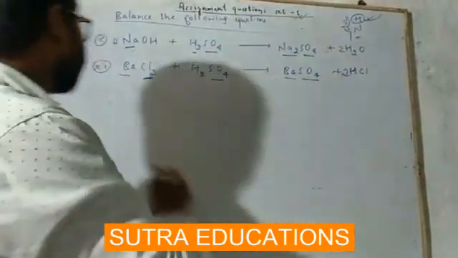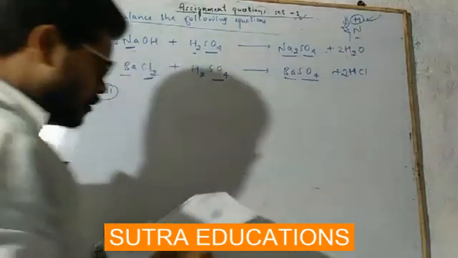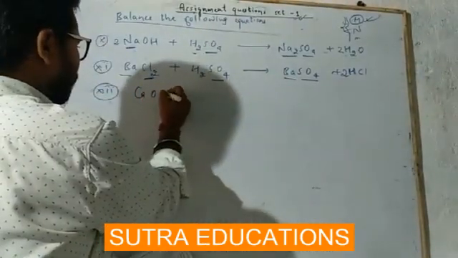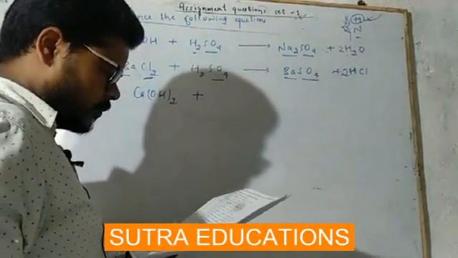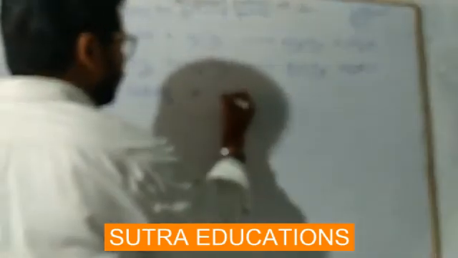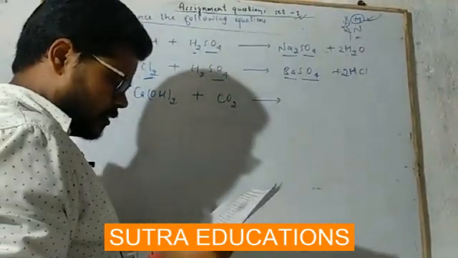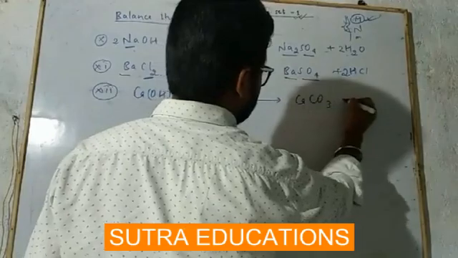Then 12th is calcium hydroxide Ca(OH)2 plus carbon dioxide CO2. Calcium hydroxide plus carbon dioxide gives calcium carbonate plus water, CaCO3 plus H2O.